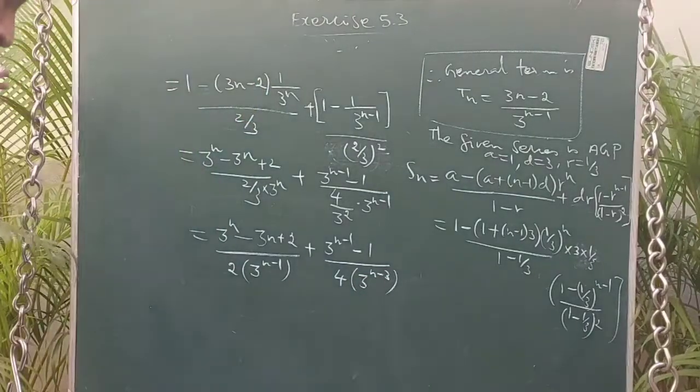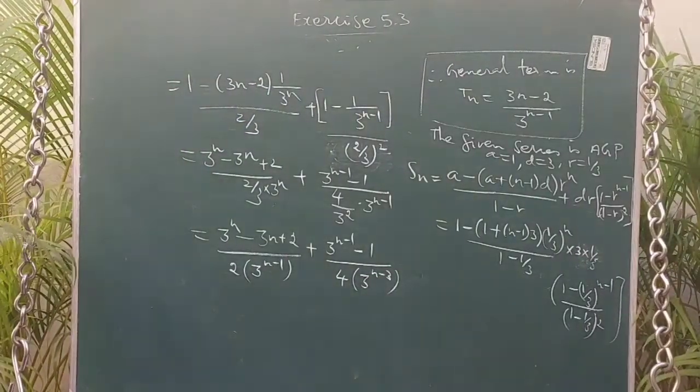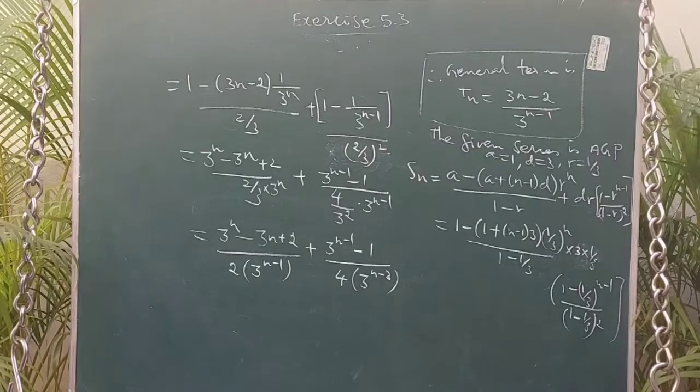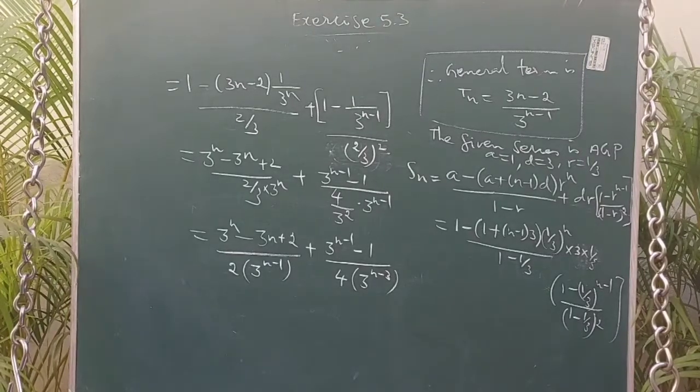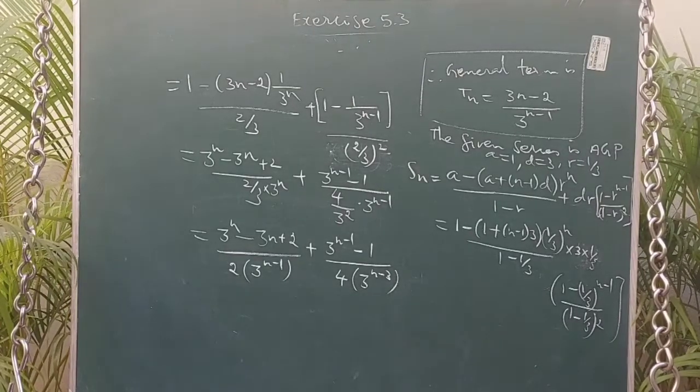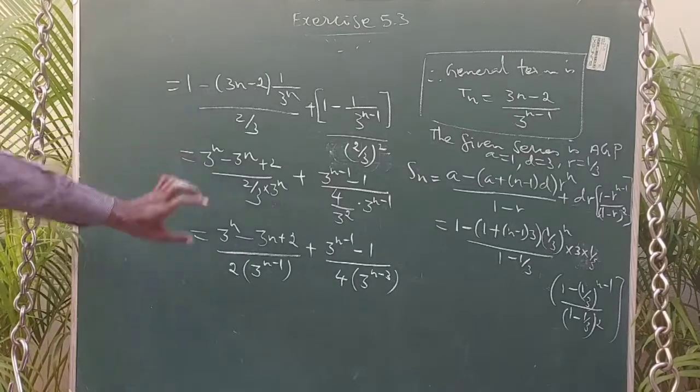I think this is the answer: 3 power n minus 3n plus 2 by 2 into 3 power n minus 1, plus 3 power n minus 1 minus 1 by 4 into 3 power n minus 3. So do it carefully. Only the simplification is difficult.